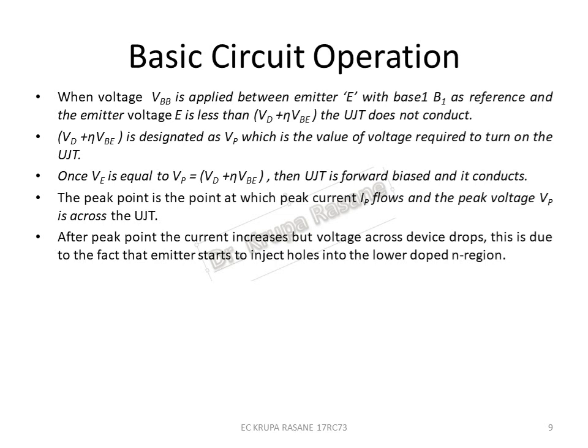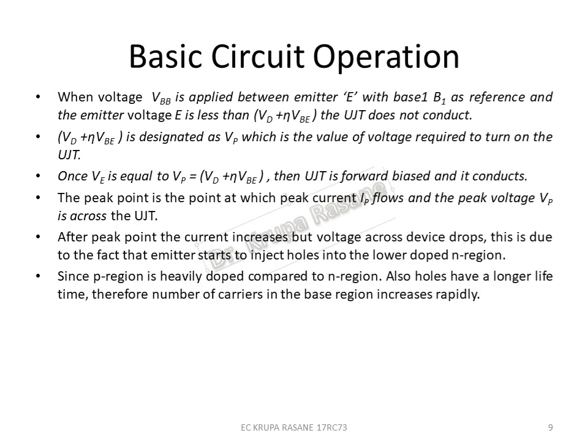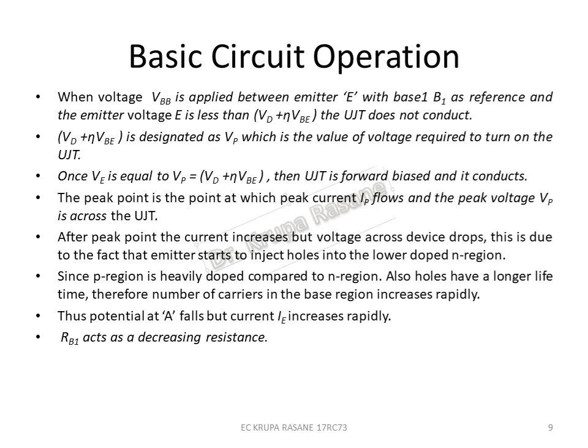This is due to the fact that the emitter starts to inject holes into the lower doped N region. Since the P region is heavily doped compared to the N region, and holes have longer lifetime, the number of carriers in the base region increases rapidly. Thus, the potential at A falls, but current IE increases rapidly. RB1 acts as a decreasing resistor.